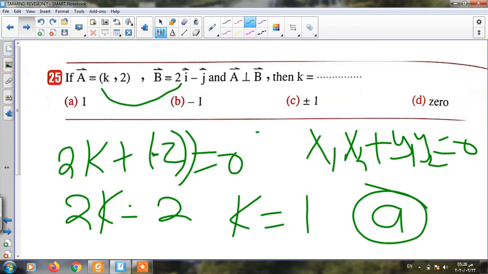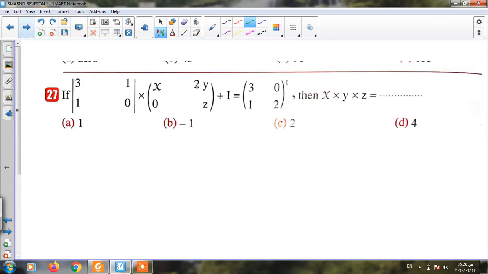Here we have question number 27. We have a determinant multiplied by a matrix, plus the identity, and the determinant is going to be the transpose of 3, 0, 1, 2. Let me see how I can solve this. Find the value of the first determinant: 3 times 0, 0; 1 times 1, 1.